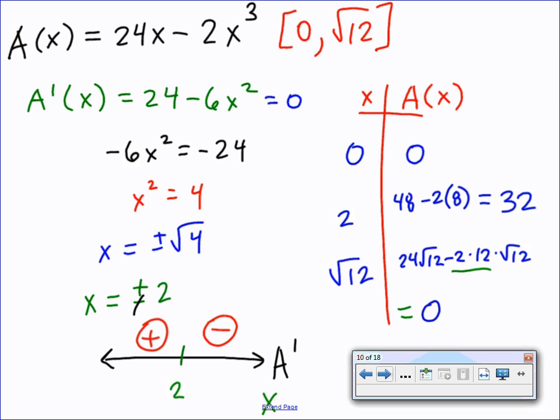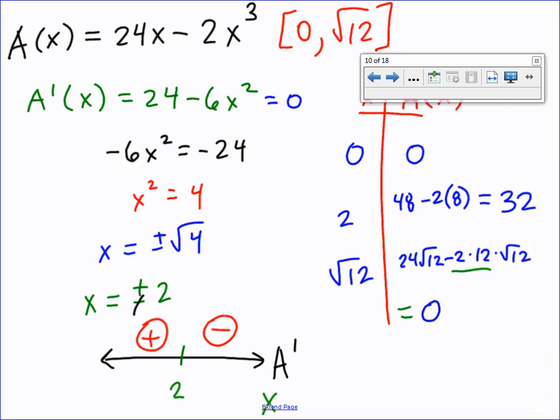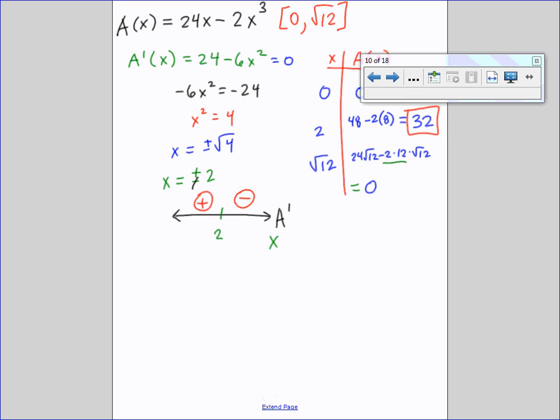Say 32 square units is the maximum area possible in this situation. I'll just say square units since we're dealing with it in the XY plane. Awesome. That's pretty sweet.